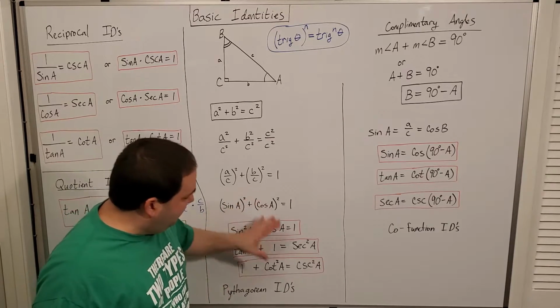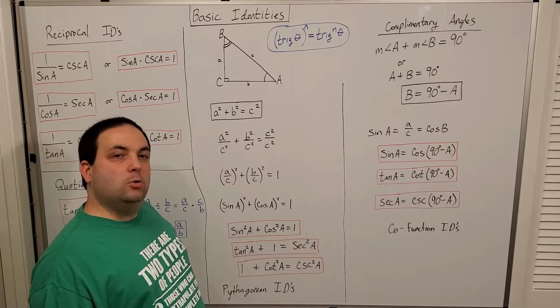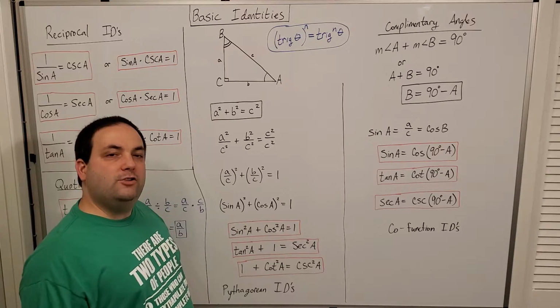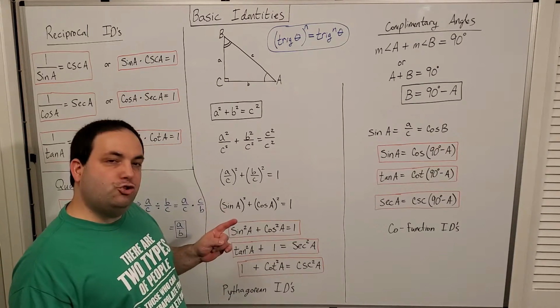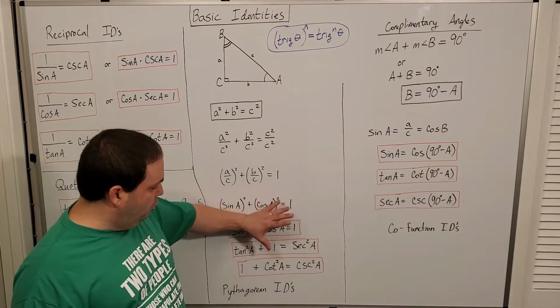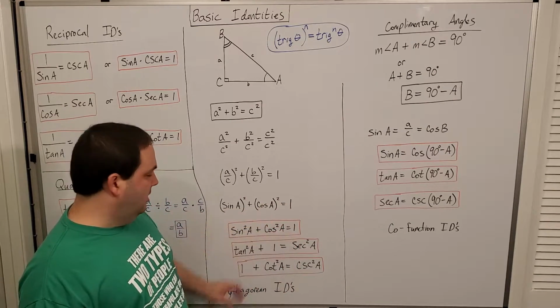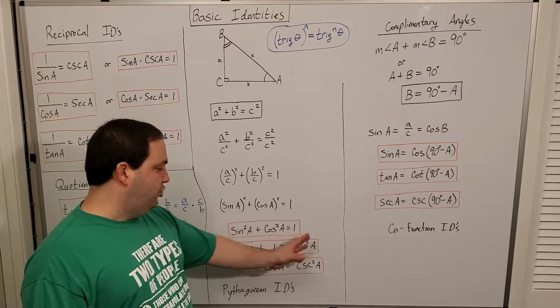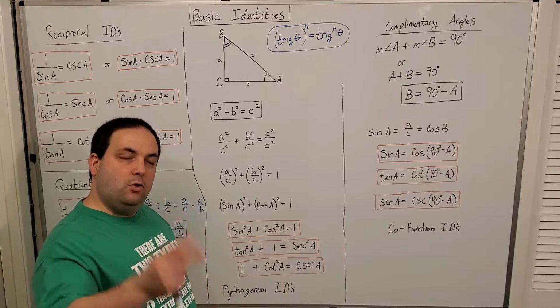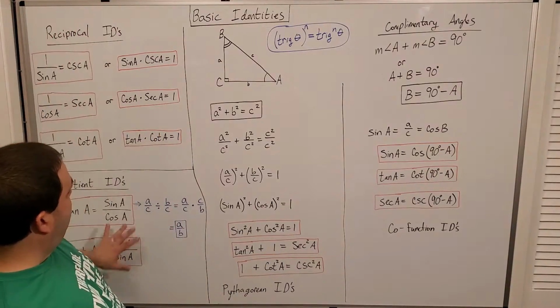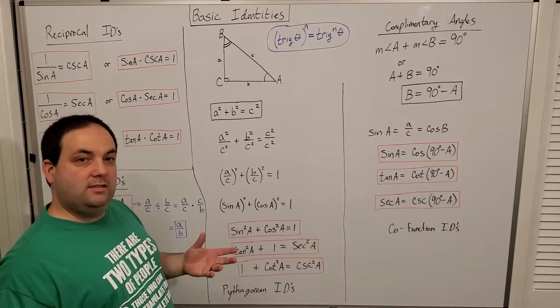Okay? With these identities, you actually only need to know one trig ratio. If I know one trig ratio, then I can use one of these three identities to get from that value to another one. And then once I know those two, I can use these two groupings to fill out the rest.